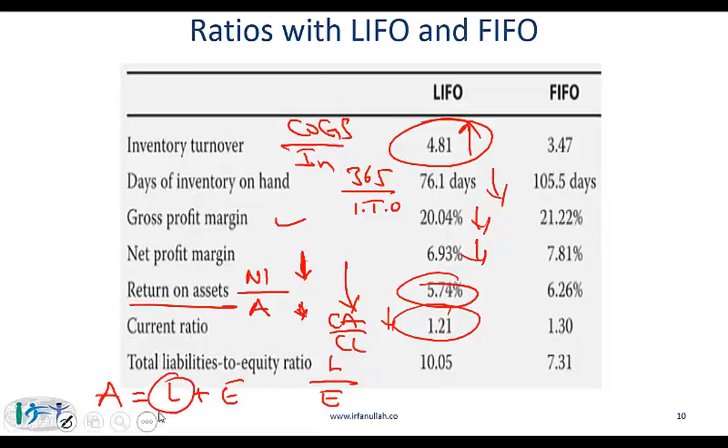If the liabilities number is the same regardless of the method, then equity would be lower if assets are lower, which would then imply that with the LIFO method, the equity number is lower and the overall ratio would be higher, which is what you see over here. All right. Make sure you understand the concept and then also try to do the calculations from the curriculum.